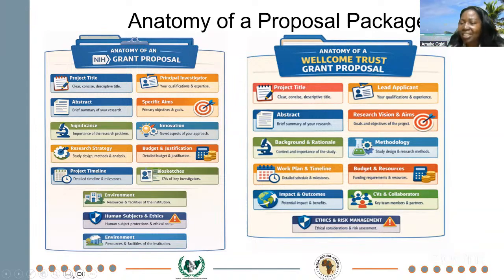Even if your scientist is busy assembling and documenting the science, you that is a research administrator need to pick all these pieces together. Start early to pick them together to make sure that your investigator's application will not be thrown out, will not miss review because some of these pieces are not there.